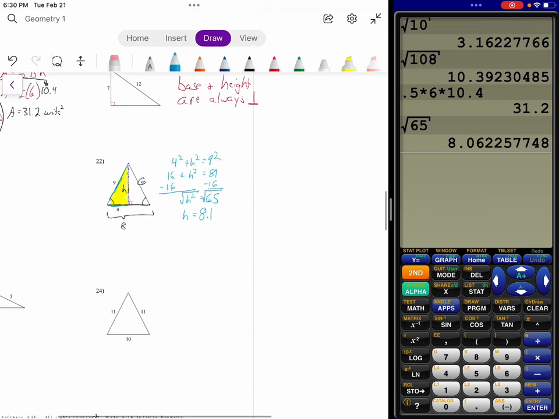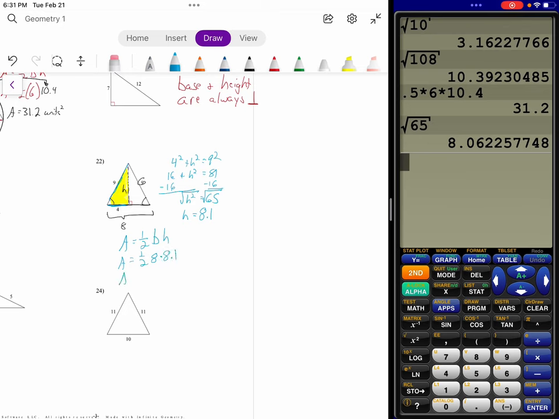Now that we have 8.1, we can find the area. Area equals 1/2 base times height. In this case, it's 1/2. Our base of the entire triangle is 8, and the height is 8.1.